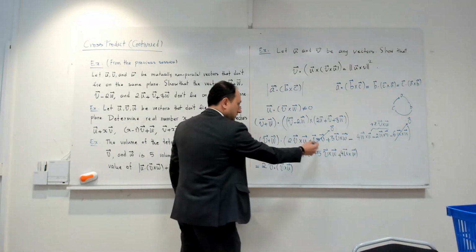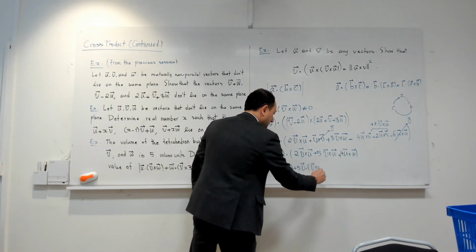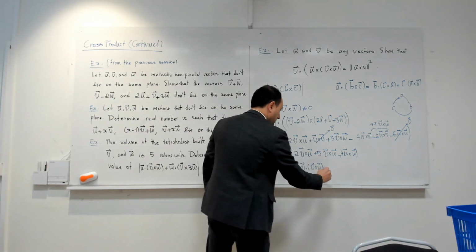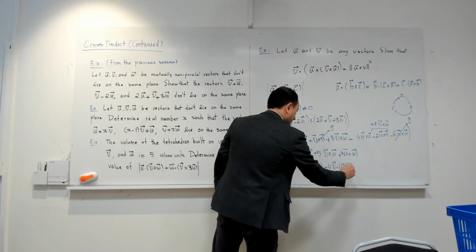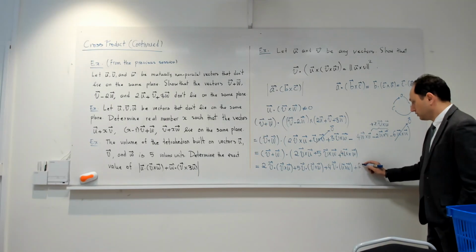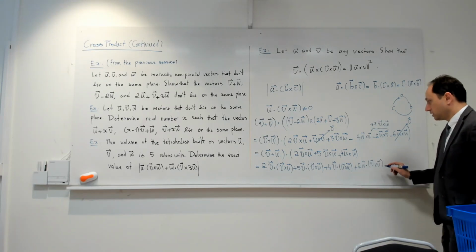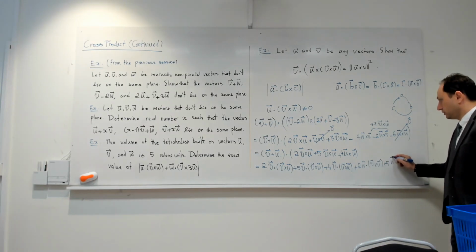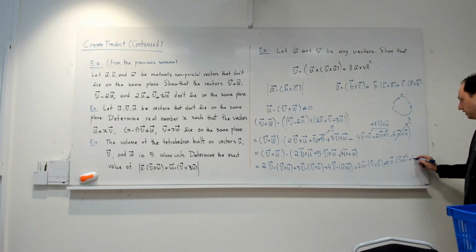But then this one multiplied by that one, it becomes 5V dot V cross W. And then this one to the last one, so it becomes 4V dot U cross W. And then I have to start with this one, so it becomes plus 2W dot V cross U. And then the next one is 5W dot V cross W. And finally plus 4W dot U cross W.